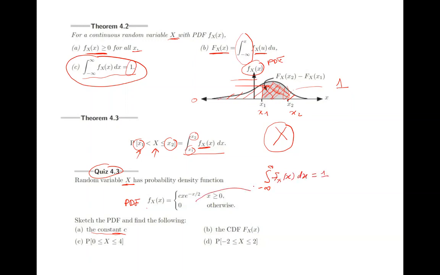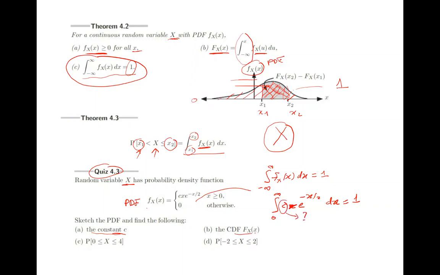So I can simply insert this and look at the range. The range is from 0 to infinity because x is greater than 0, so it might go to infinity. So we simply write the integral of cx e to the minus x over 2 dx, which is equal to 1. Since all of them are given, we can determine c here.